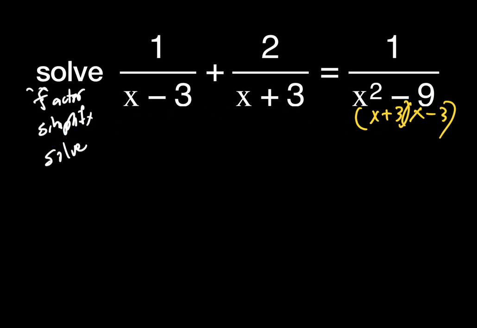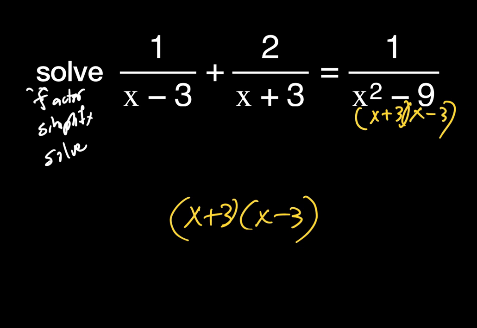I have fractions. If I have a whole bunch of fractions, I either want to add some fractions or subtract the fractions, or in my case, I want to get rid of fractions. And the way to do it, like I did on that other one where I multiplied by 7, is I want to multiply by the common denominator. The common denominator will be x plus 3 times x minus 3.